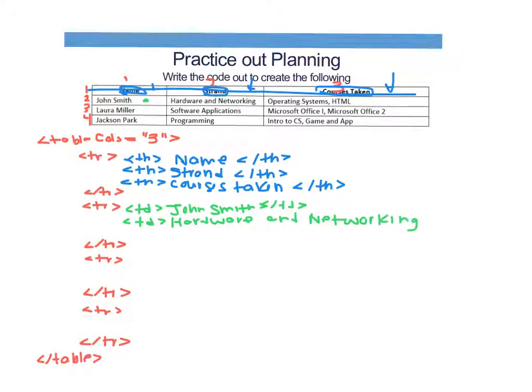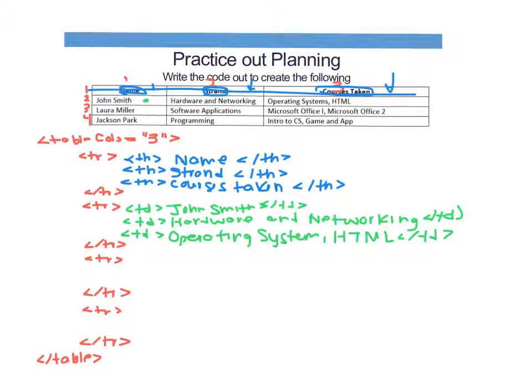And then I close off that data cell. And then that third cell has the courses that John Smith took, which appear to be operating systems and HTML. And then I close off that data tag as well.